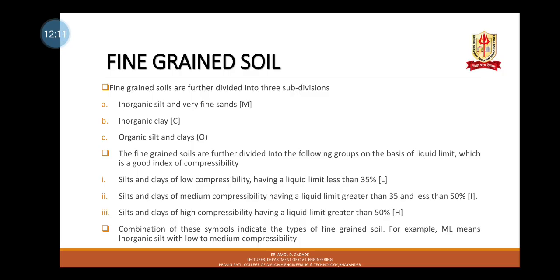For example, ML means inorganic silt with low to medium compressibility. Laboratory classification of fine grained soil is done with the help of the plasticity chart shown further.